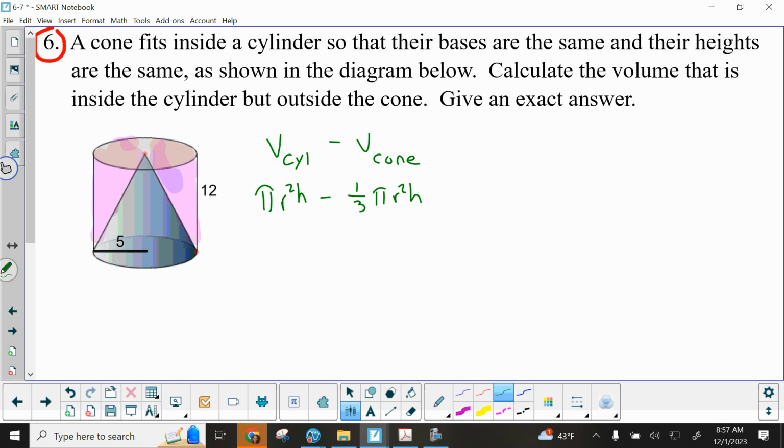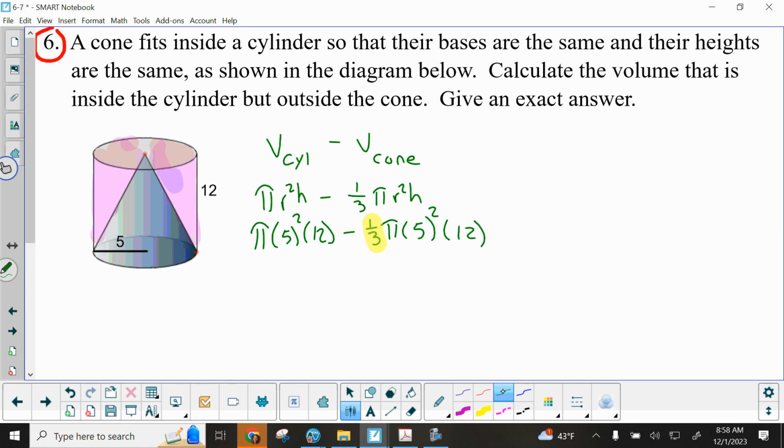So the cylinder, I have a radius of 5 and a height of 12. For the cone, radius of 5, height of 12. These expressions are almost the same except for that 1/3.